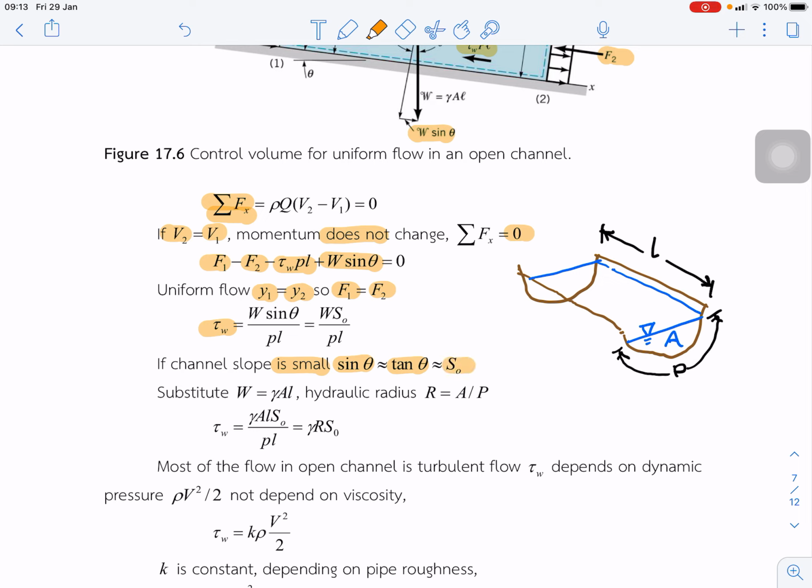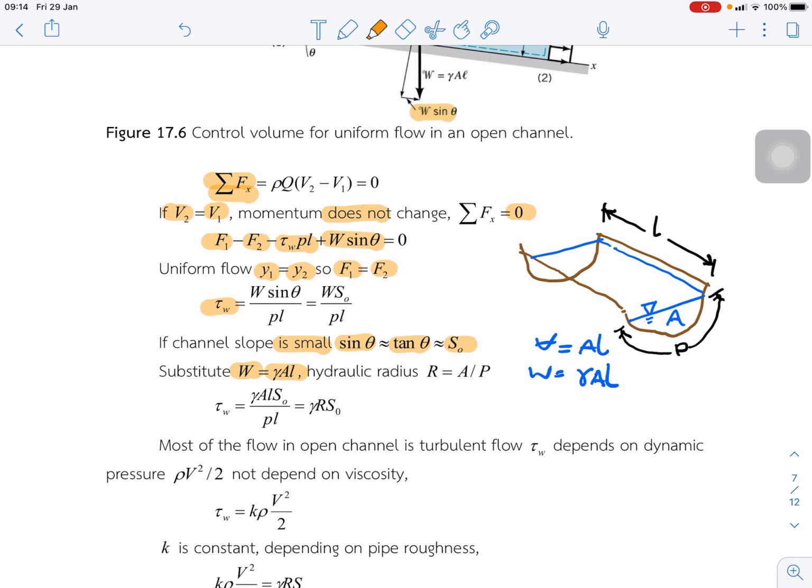And next, we substitute the weight of the water, which is equal to gamma AL. You can see from this that the volume is AL, and for the weight we just multiply by gamma to get gamma AL.